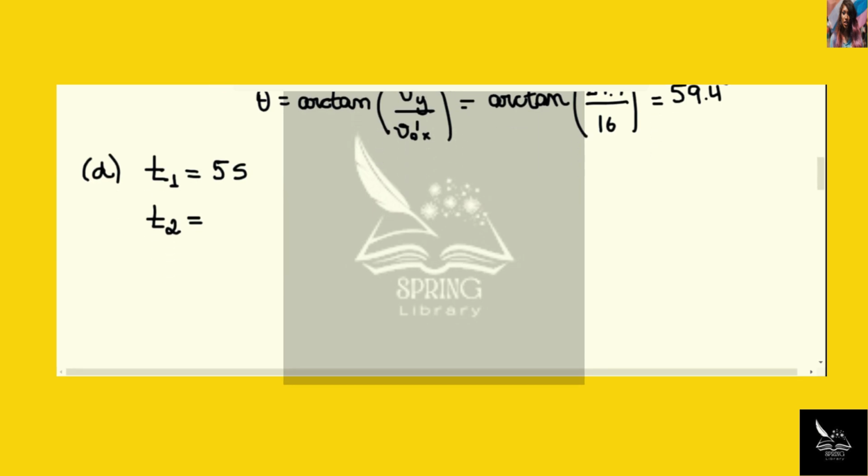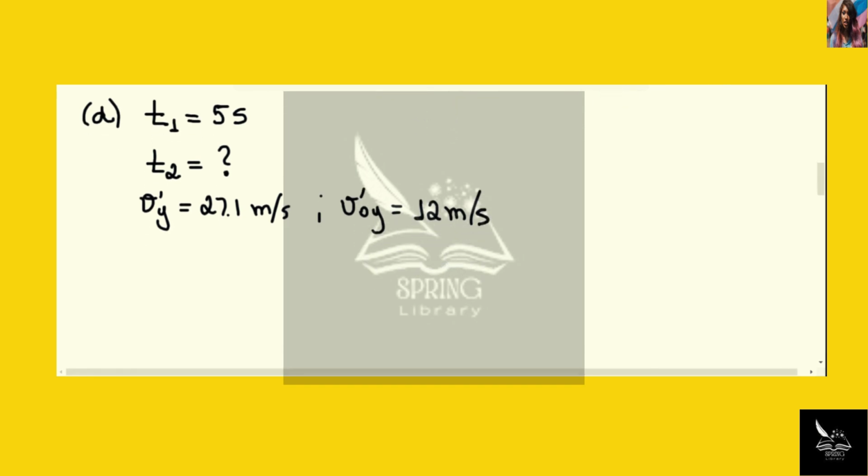And we can calculate that by noticing that the final speed in the y direction, Vy prime, is equal to 27.1 meters per second. The initial speed in the y direction is 12 meters per second, as we calculated in the previous question.